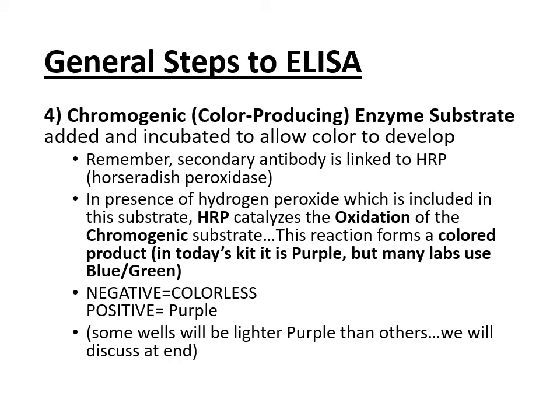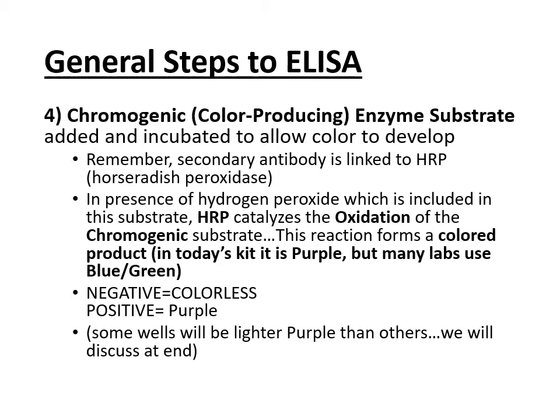That brings us to the final step, which is when you add what we call a chromogenic enzyme substrate. And when you hear chromo, that usually means color. So chromogenic means color-producing substrate. This final step, which is adding the substrate, reacts with that secondary antibody's HRP that we just mentioned a second ago.